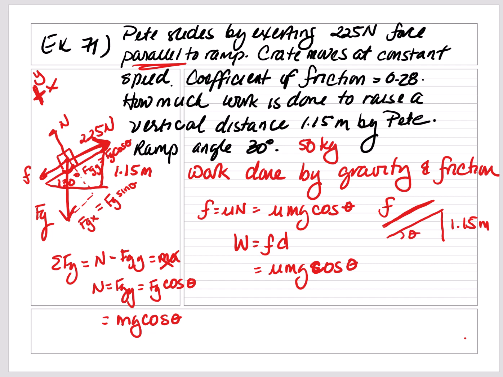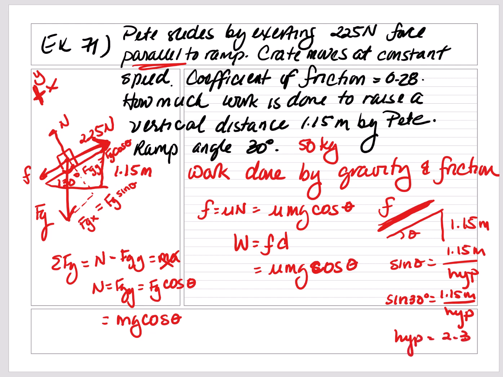So I need to find the displacement parallel to the friction. Since 1.15 is opposite, this is going to be sine theta, opposite over hypotenuse, because the hypotenuse is the displacement that's parallel to the friction. So if I solve, sine 30 equals 1.15 meters over the hypotenuse. So the hypotenuse becomes 2.3 meters.